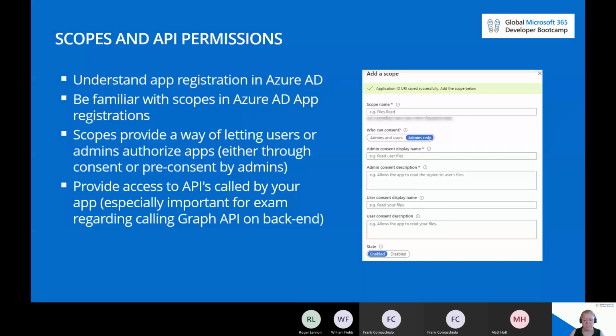And so a scope is basically a way of allowing people to authorize apps and describing for them what this scope does. And especially if you're calling back in APIs, you need to be able to communicate to people effectively what they are actually giving permission to do.